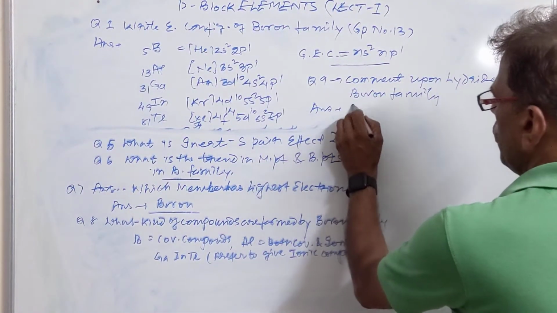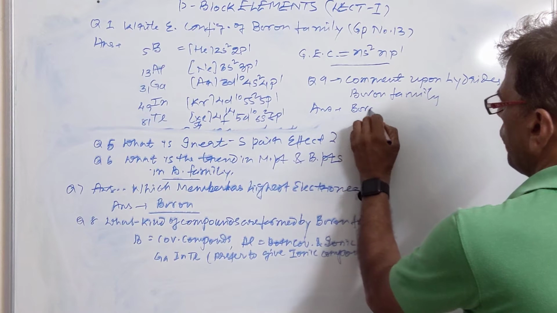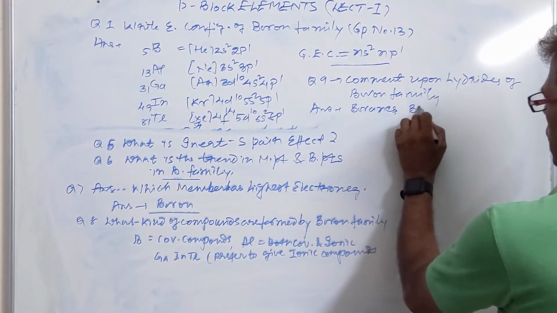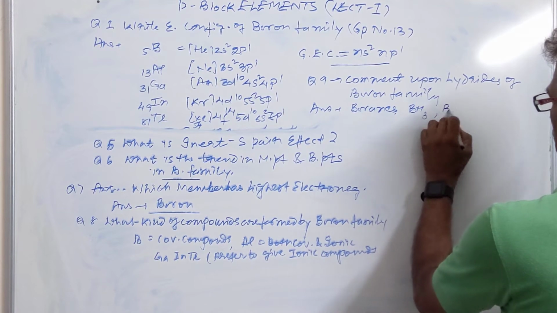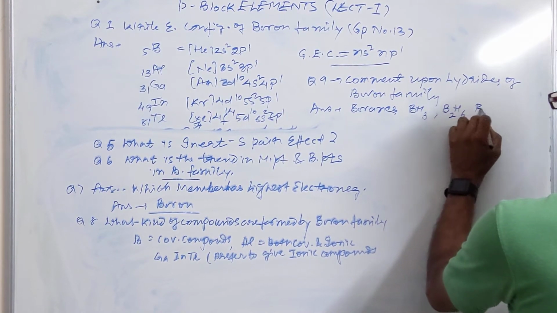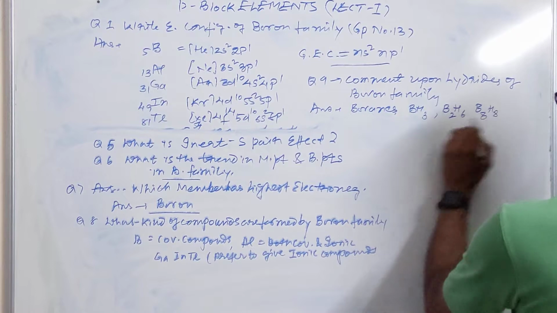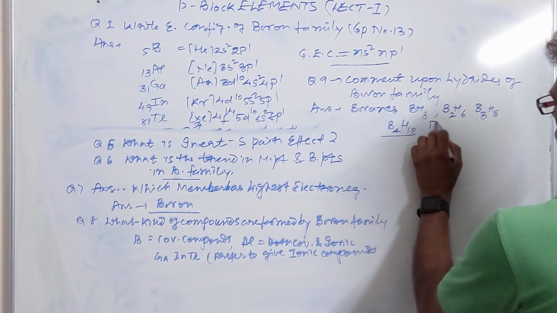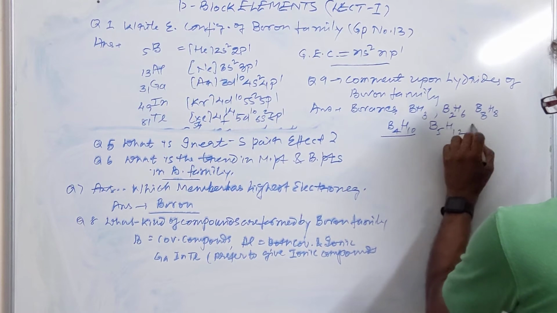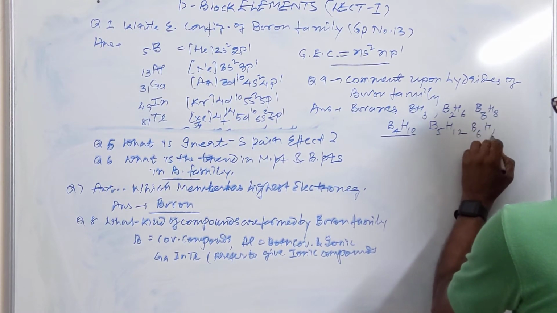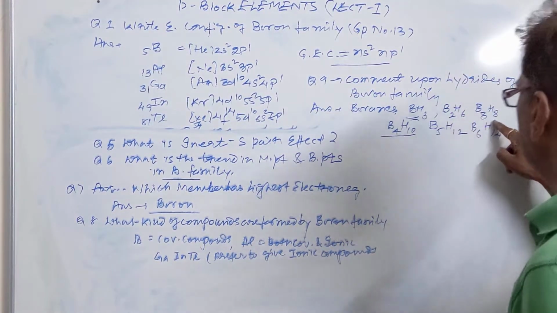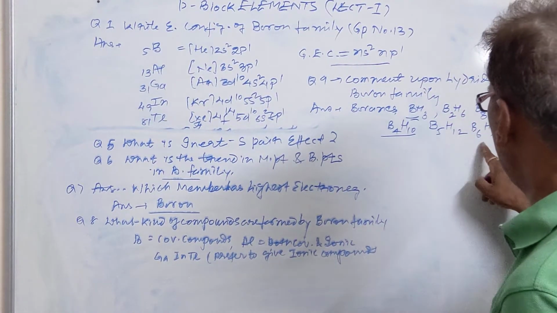The hydrides of boron are called boranes. They are BH3, B2H6, B3H8, B4H10, B5H12, B6H14.